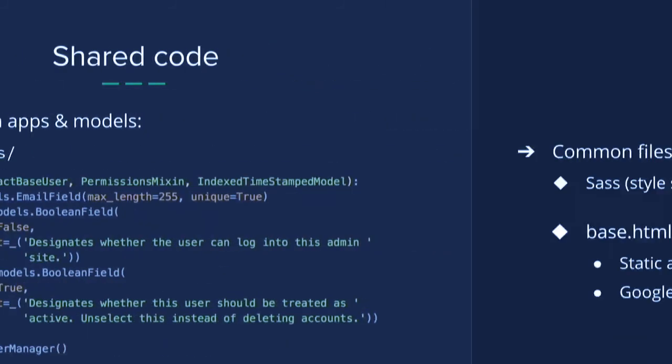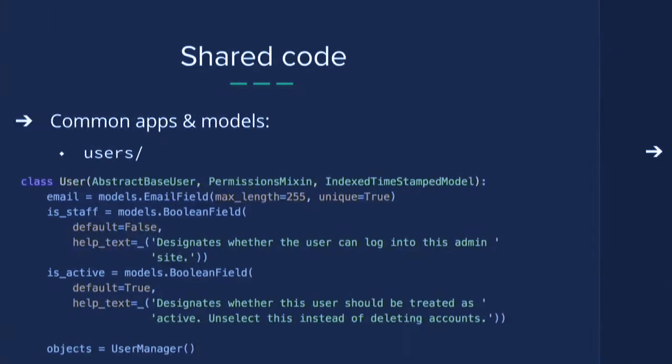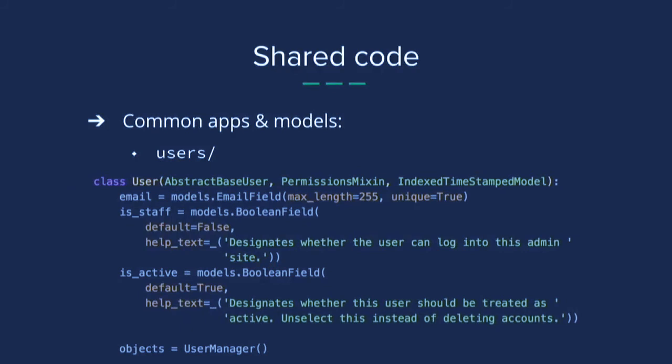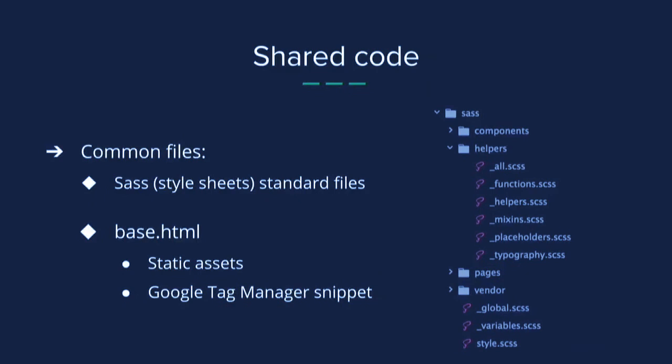And following the same idea, we have a base user model. And if you see, it inherits from the index timestamp model. And I believe the cookiecutter Django also has a user's model. And this is also reflected on the front end. We have all the base structure files that we need on the front end, like typography files and all our helpers files.